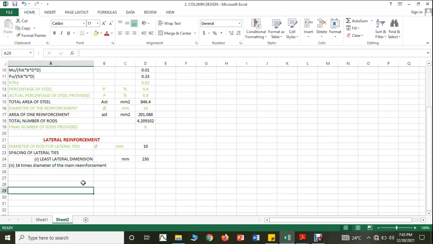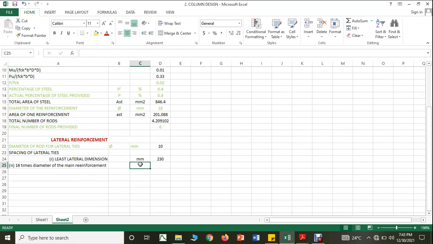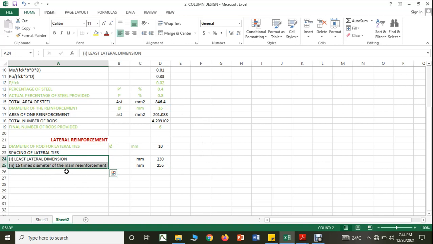That will also be in mm, and it will be 16 into the diameter of the reinforcement. So what is the diameter of the reinforcement? This one. That will be the second case.